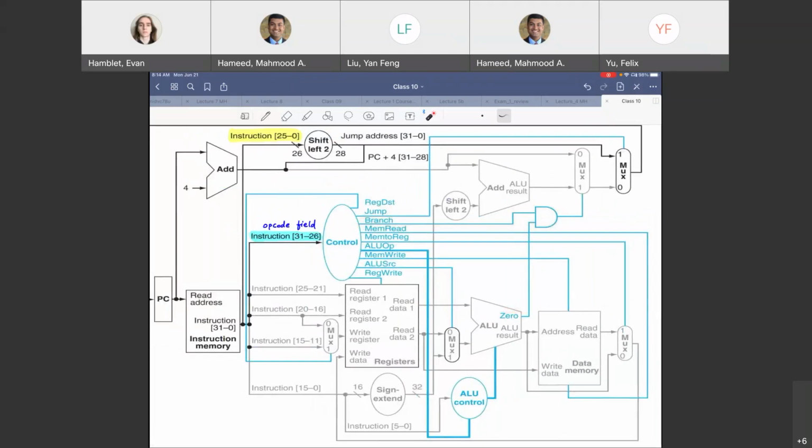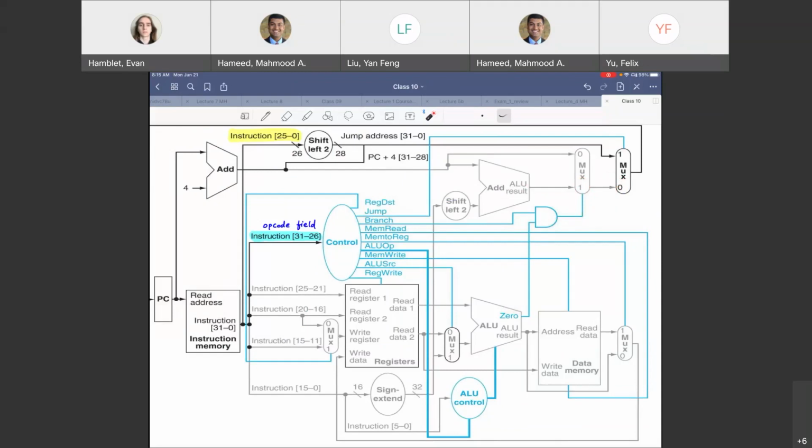Why is that? Suppose you are trying to compare two registers. You subtract one from the other. If it is 0, then it will activate the AND along with the branch. Both combined, you will go over here, so that if you pick up one, you are picking up branch address instead of PC plus 4.